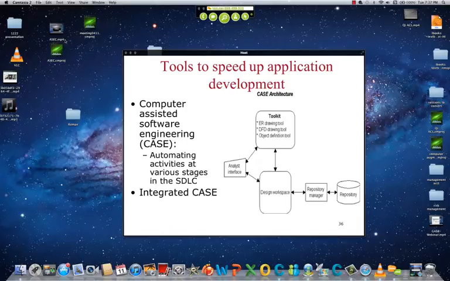Computer-assisted software engineering. The idea is that you have some people working on ER and DFD diagrams. They're designing it, and all the designs are stored in a special repository.